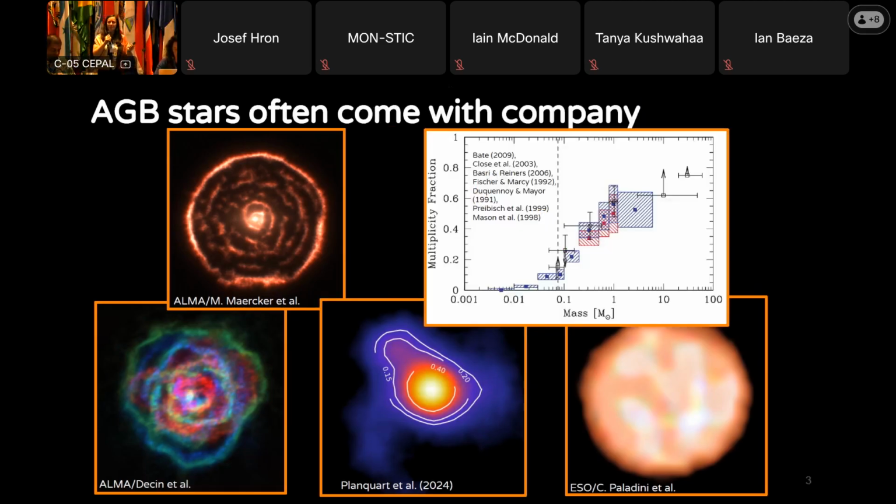This is something that you have also mentioned quite a lot in this conference, I think many more times than in previous AGB conferences that I had been, so good job. And as it's been mentioned, the progenitors of these AGB stars are stars between 1 and 8 solar masses, and about 50% of them have a companion in the main sequence. How many of those reach the AGB phase as binaries is not very certain, but we can say that a significant amount do, and we can use that.